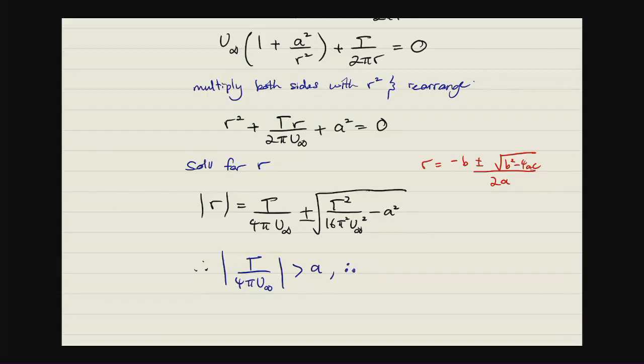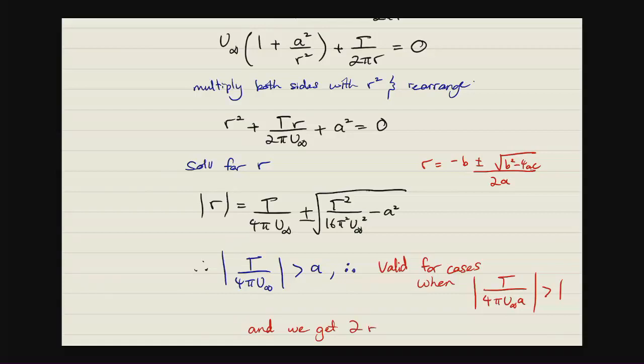Therefore, it's only valid for cases when gamma over 4 pi u infinity a is greater than 1. And we get two roots.